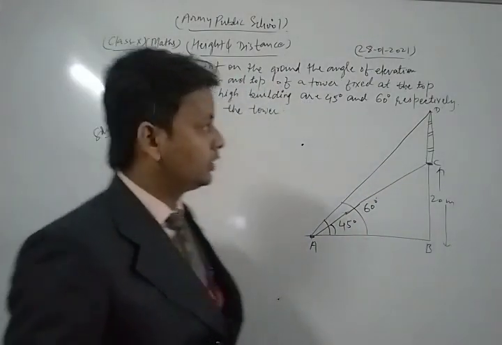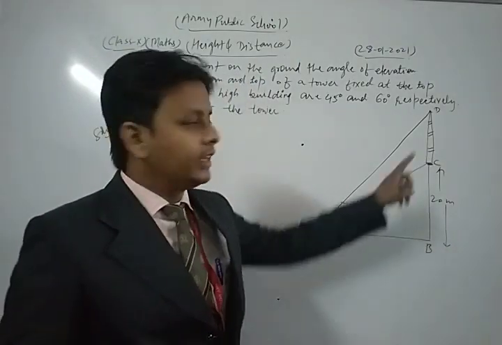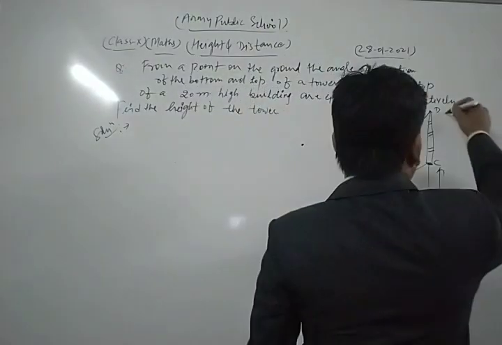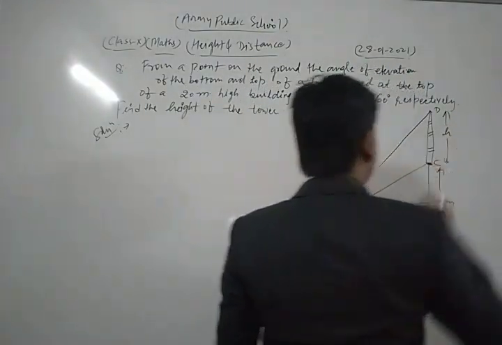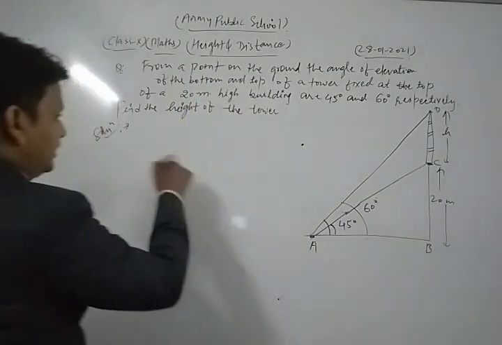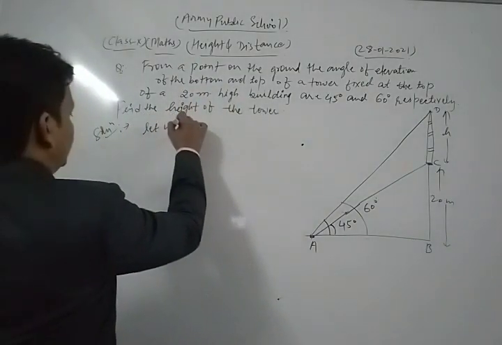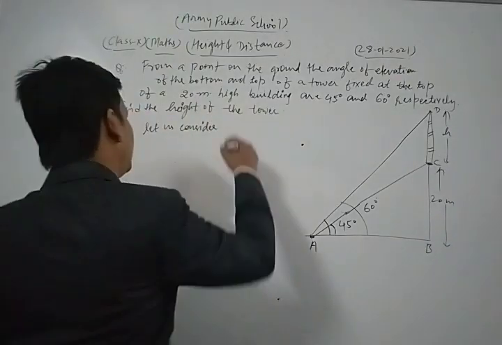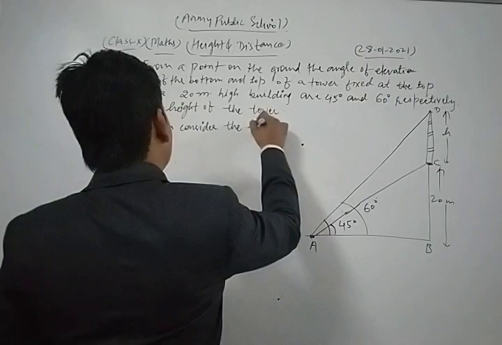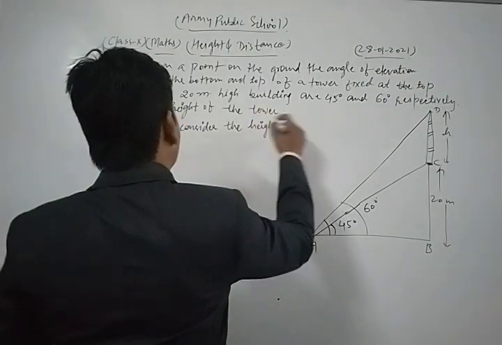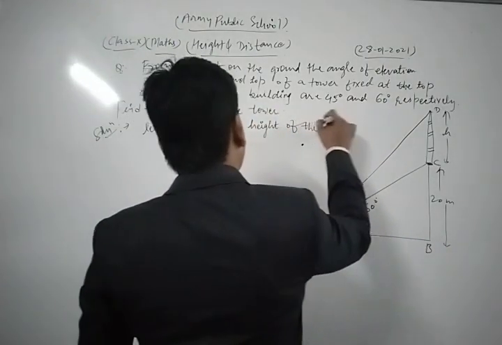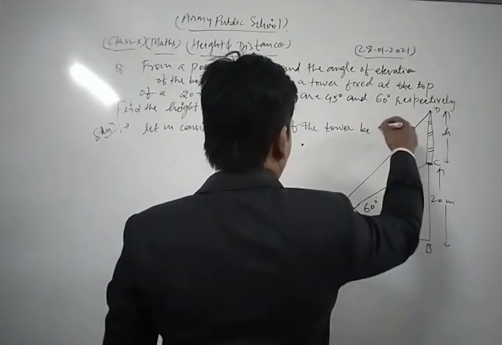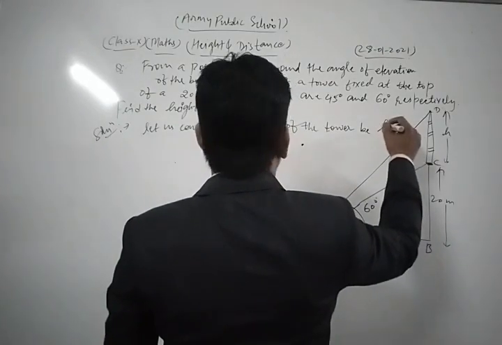Now what do we find? We find the height of the tower. Here CD is the height of the tower. First of all, let us consider the height of the tower be h meter.